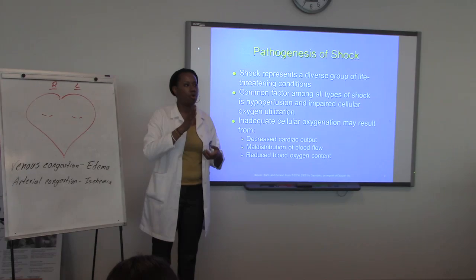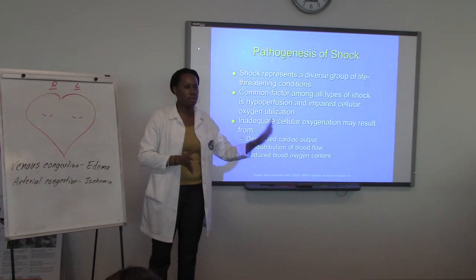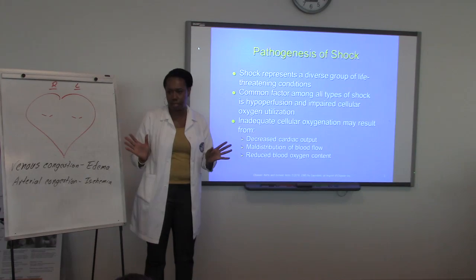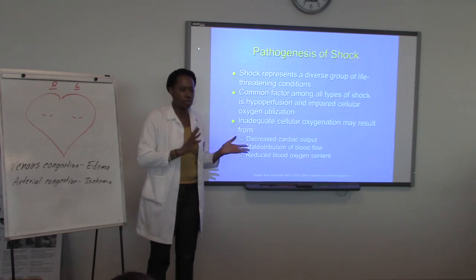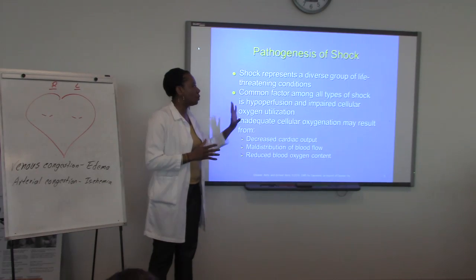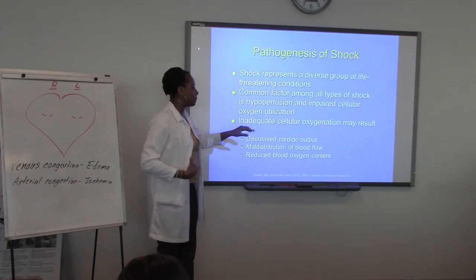Once you have a tissue or organ dying, there's no turning back. Okay, so understand that anytime an organ fails, that's it. Not much you can do about it, other than get another one. Okay, so this is why it's considered a life-threatening condition.